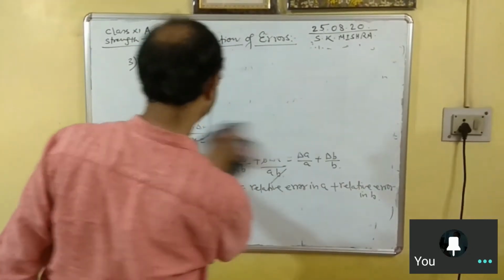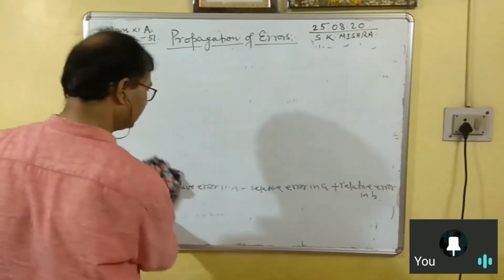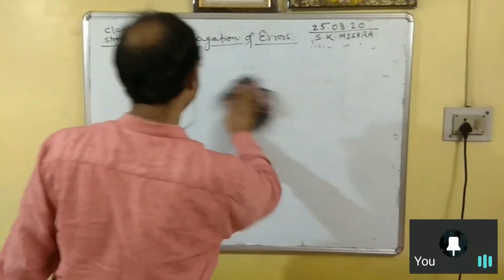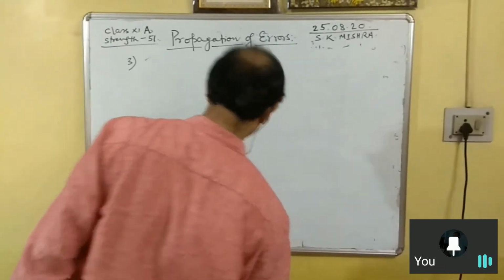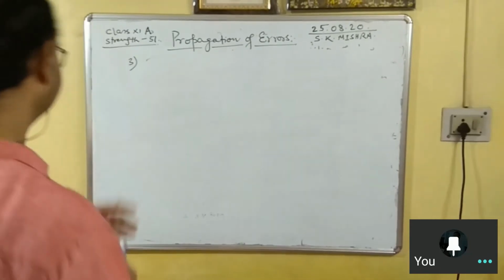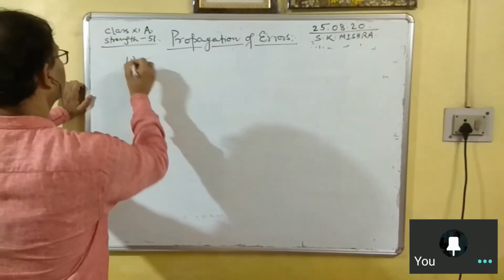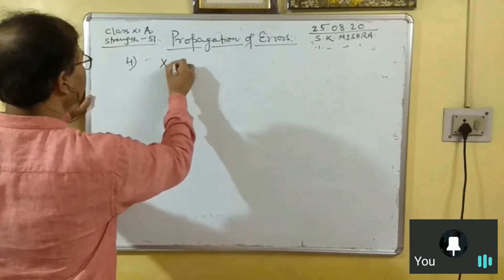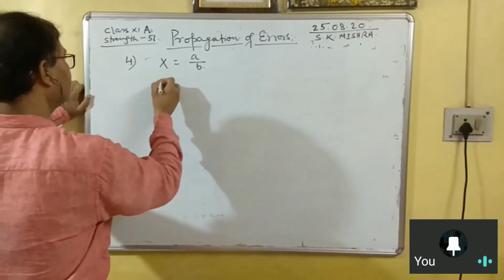If anyone is able to write, then he or she will send the image of that page. Okay. The fourth one is x is equal to a by b.